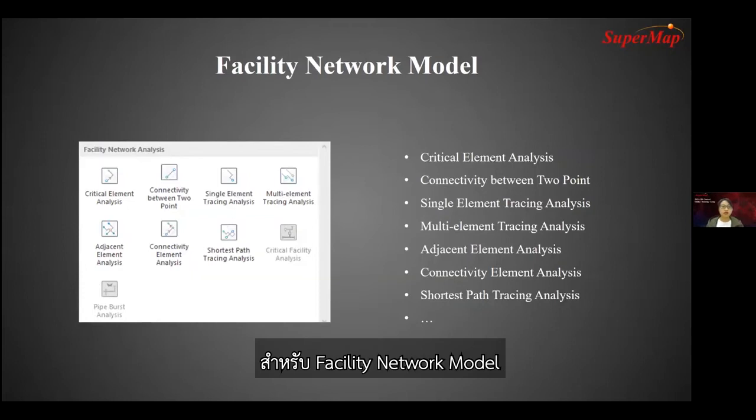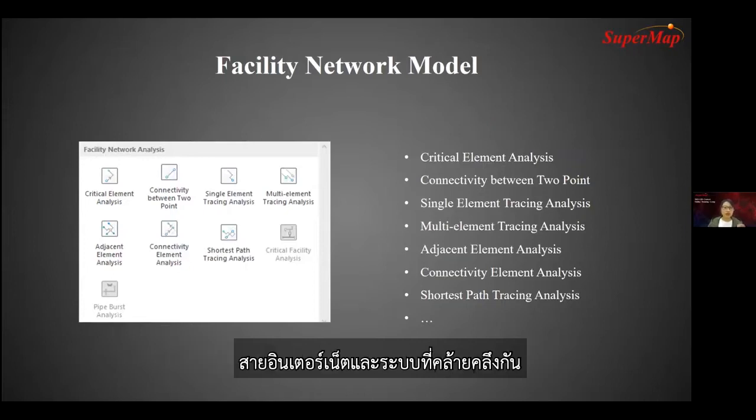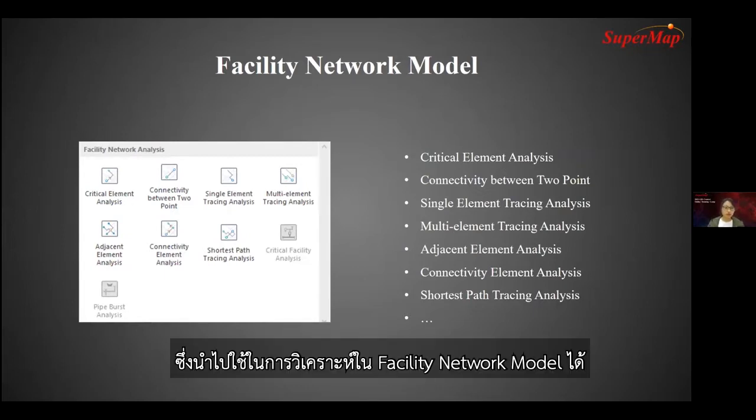And for the facility network model, we know the common facilities, just like the water network, transmission lines, gas pipelines, telecommunications networks, or water systems, and others like this. All these network resources flow directionally, so they can be modeled and analyzed with the facility network model.